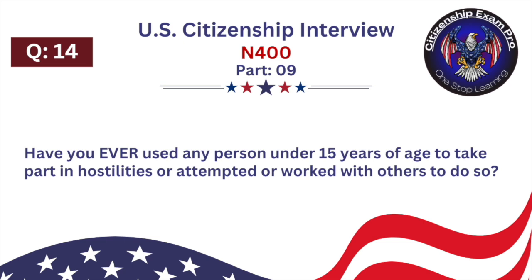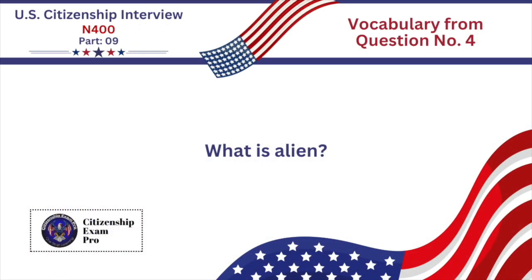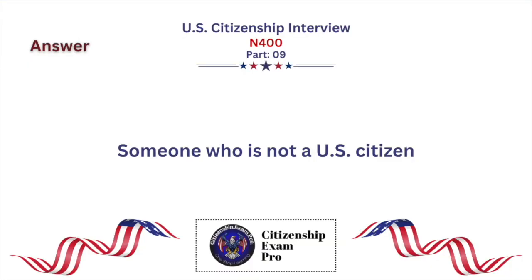Have you ever used any person under 15 years of age to take part in hostilities, or attempted, or worked with others to do so? No. What is alien? Someone who is not a U.S. citizen.